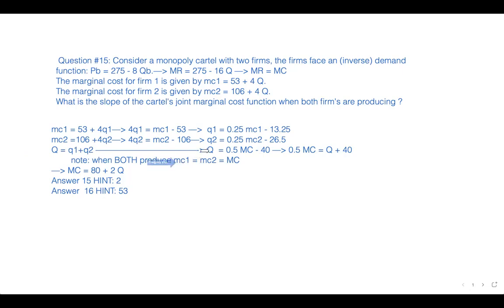So I can just add the Q1 and Q2 that I calculated, and I get this equation, but I have to turn it back into the form with marginal cost isolated on the left-hand side. And if I do that, we go from here to finally the joint marginal cost function of the two firms.